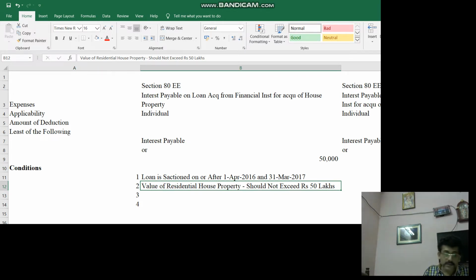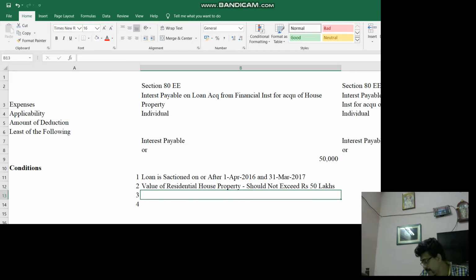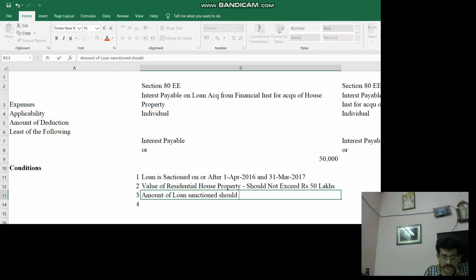Then the third condition is also applicable. The third condition says what? Amount of loan, whatever amount of loan availed, amount of loan sanctioned should not exceed rupees 35 lakhs.